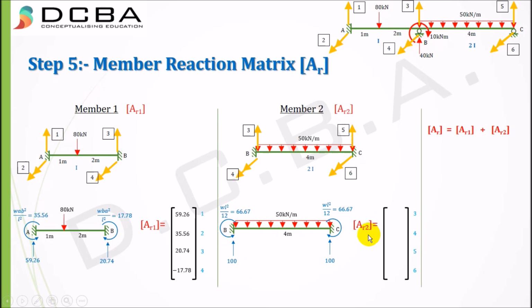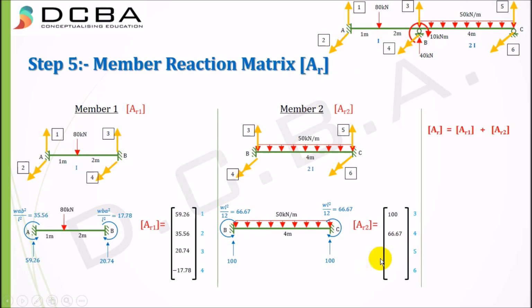And we need to construct the AR2 matrix, and now the numbering will be 3, 4, 5, 6, because the forces are 3, 4, 5, and 6 for member 2, and the force acting in the direction of 3 is 100 plus 100 because it is acting in the same direction. The moment in the direction of 4 is again anti-clockwise, which matches the reference moment, and it is plus 66.67.